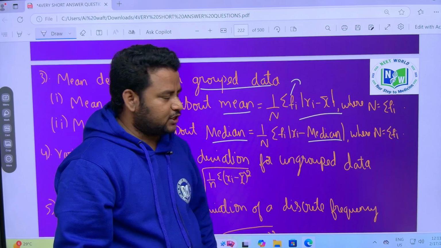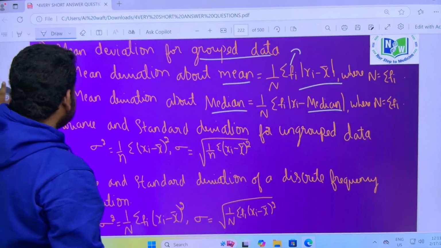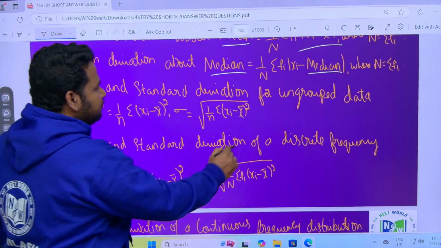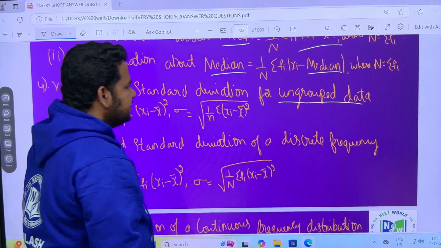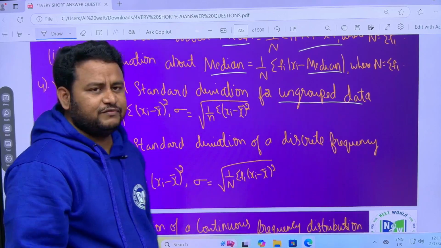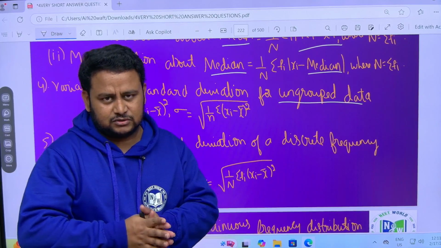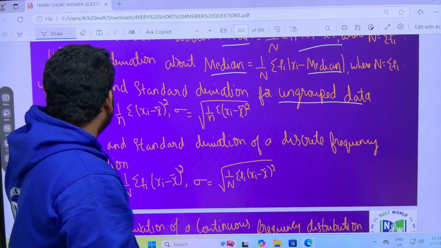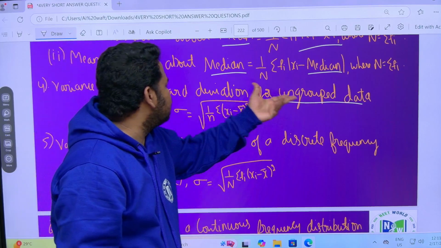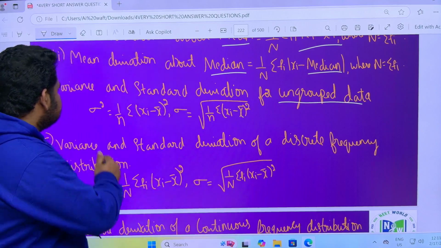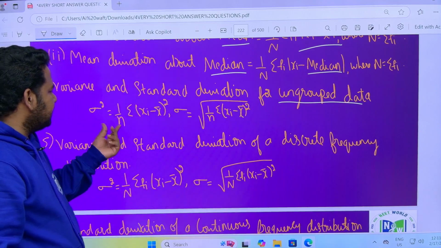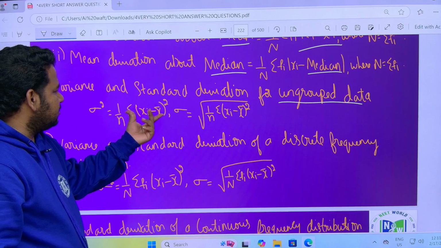Next, variance and standard deviation for ungrouped data. Till now we understood how to find mean deviation for grouped and ungrouped data. Now, how to find variance and standard deviation for ungrouped data? For that we have the formula sigma square is equal to 1 by n summation of (xi minus x bar) whole square.